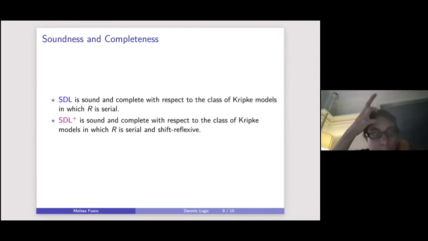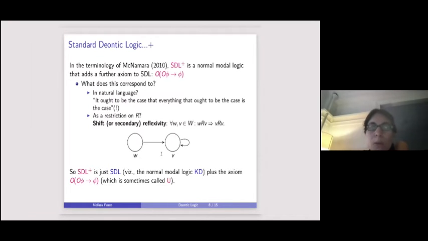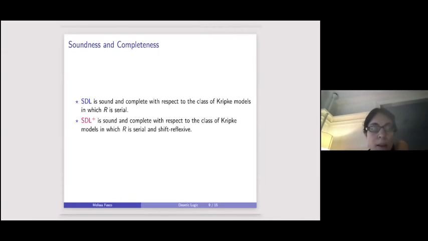Likewise, SDL plus is sound and complete with respect to the class of Kripke models in which R is serial and shift reflexive. This is a smaller class of models than SDL because it requires that every world V that's hit by the R relation sees itself. The way that you prove this is with standard completeness techniques, with Lindenbaum lemmas and so on, which you'll probably be familiar with from textbooks.